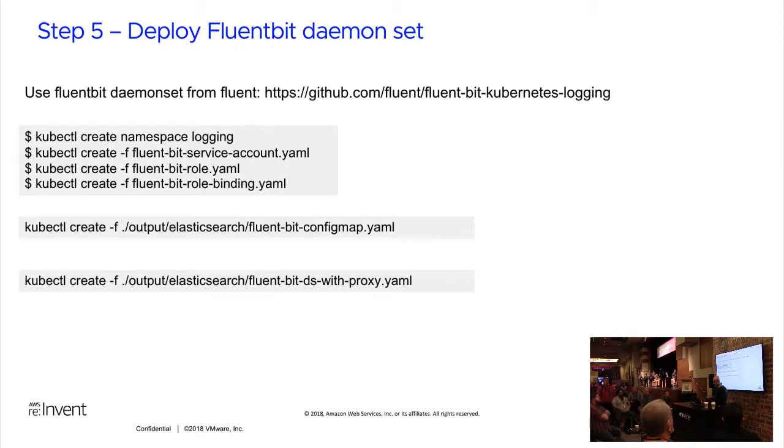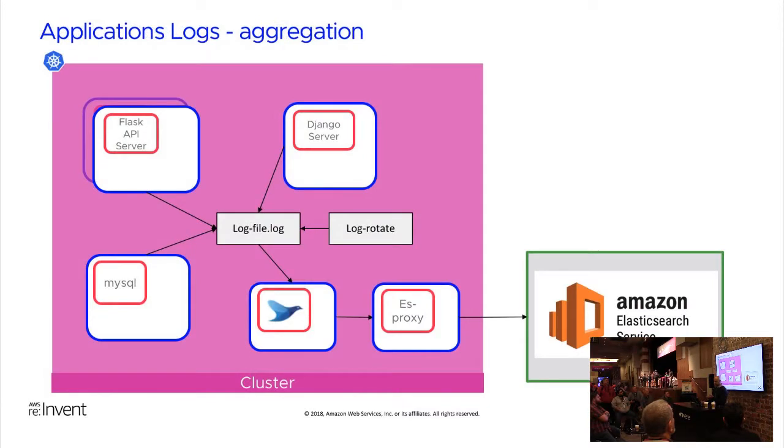And then you run the daemon set, and then you're up and running, right? Now, once that daemon set is up, here's what the architecture finally looks like, right? So you've got Fluentd running over here, Fluentbit, and that's pulling from my /varlog information.